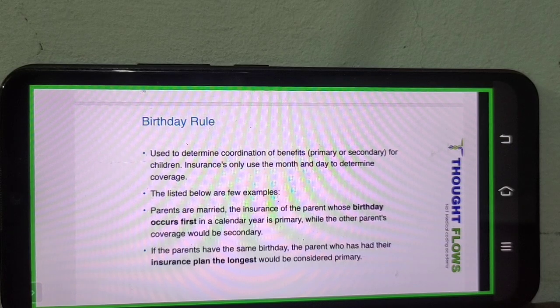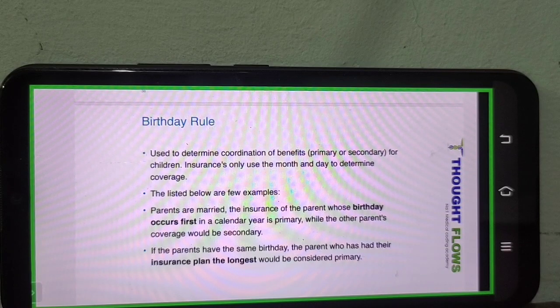For example, father born in January, mother born in February. Whose birthday occurs first? Father. They deduct the amount first from the father's account.